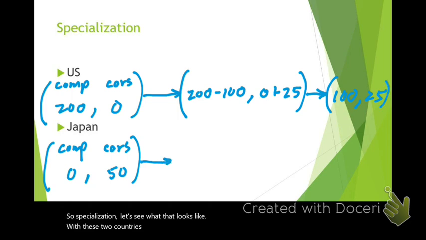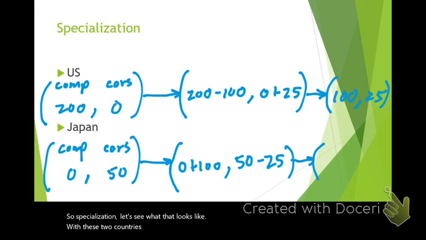With this trade, Japan is going to receive 100 computers, and of the 50 cars they produce, they're going to trade 25 of them to the U.S. So the amount that the economy of Japan now has is 100 computers and 25 cars.